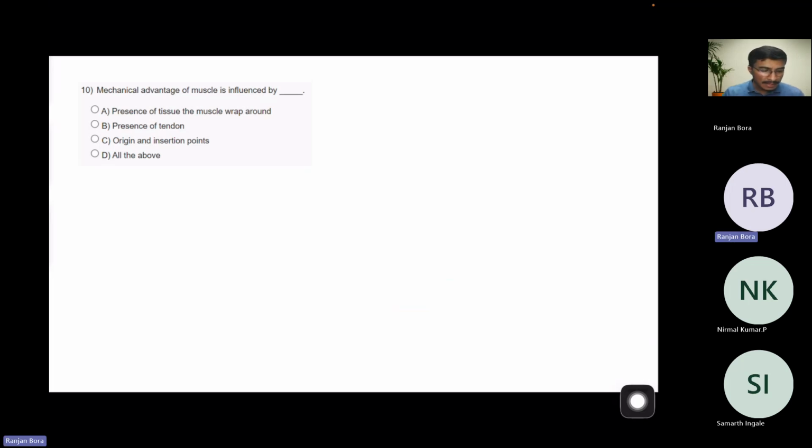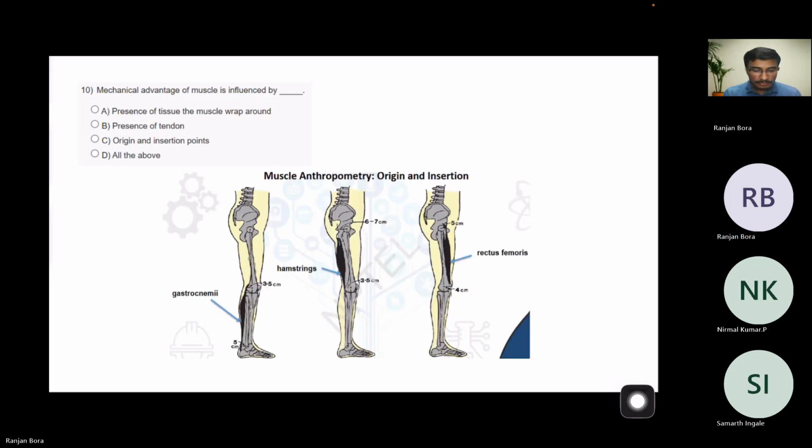Next question: mechanical advantage of muscle is influenced by... Mechanical advantage means we are getting more moment arm for that muscle.